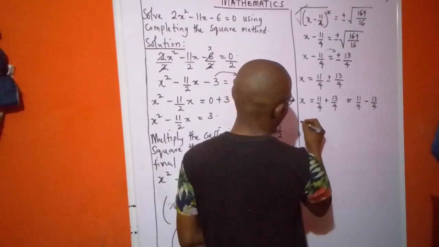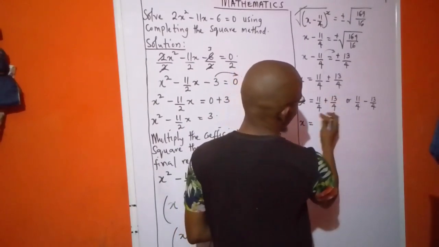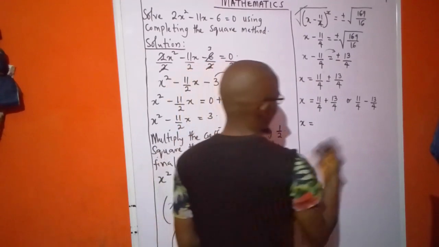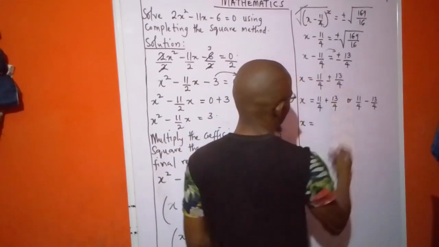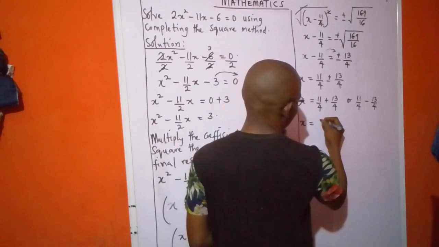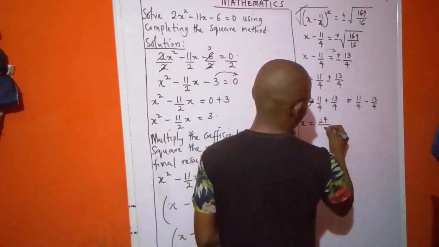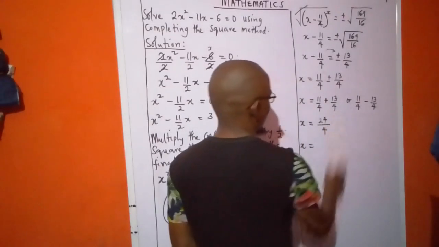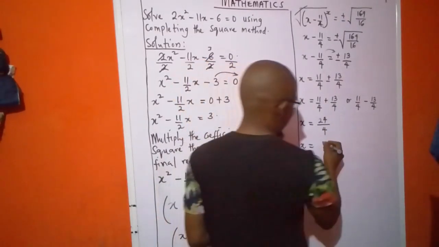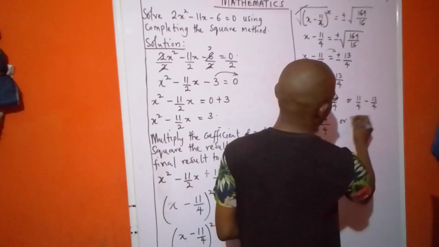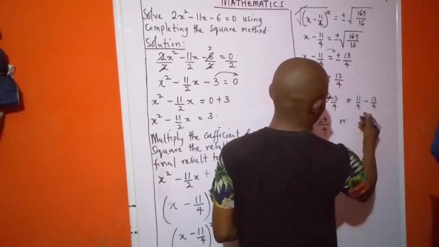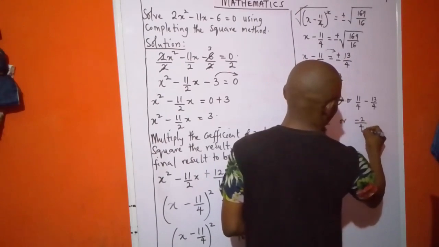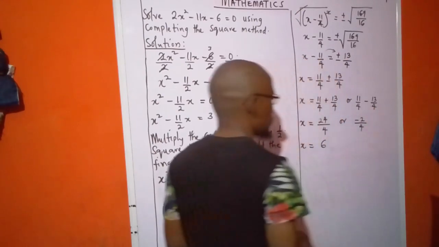So here we will now be having x equal to, since both of them are of the same denominator, we will add the numerators. 11 plus 13, that's 24 over 4. So this will be giving us x equal to 6, since 4 in 24 gives 6, or 11 minus 13, that will be giving us minus 2 over 4, since both of them are having the same denominator.